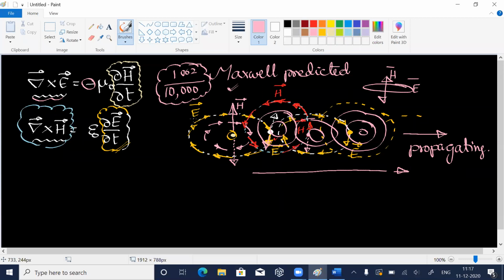I asked many students, how do you come to know that time varying H will produce E, time varying E produces H, and this leads to propagation? I just asked many to draw this picture, but hardly I found anyone did this. Perfect. So are we clear so far? I just want to put this in front. So are we all clear with this?